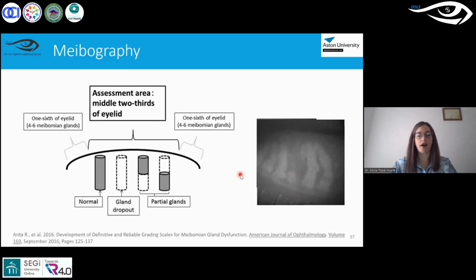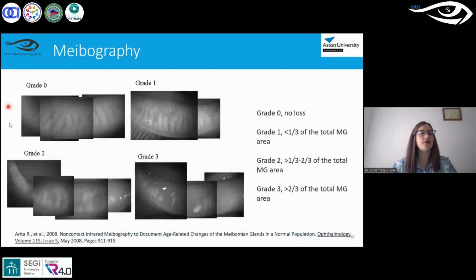That would be considered a partial gland. That's one of the gradings from Arita, from grade 0 to grade 3, also grading the loss, but in this case looking at the total area of loss.